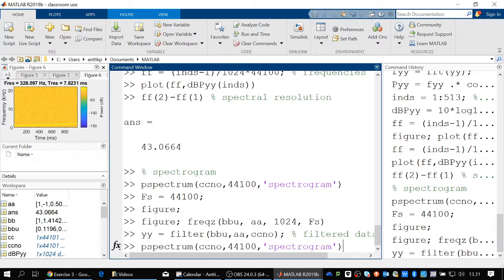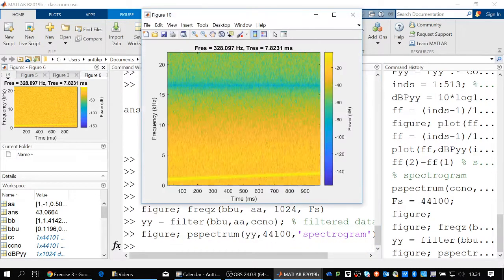And show again the power spectrum or spectrogram of the signal like that. So that's what happens with this filter for the data, which is quite obvious, right? Yes. Quite obvious what it does.